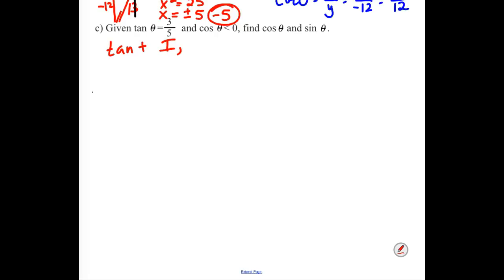That would still give me a positive tangent value. So tangent is positive also in quadrant 3. Then it says that the cosine has to be negative. Cosine is negative on the left side of my circle, so in quadrants 2 and 3. So once again, we are dealing with something in quadrant 3.